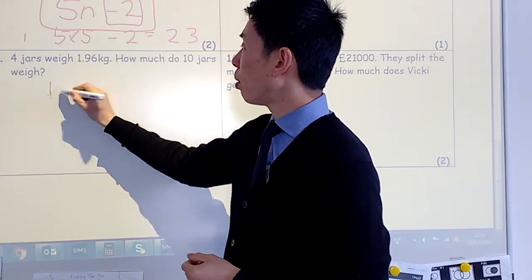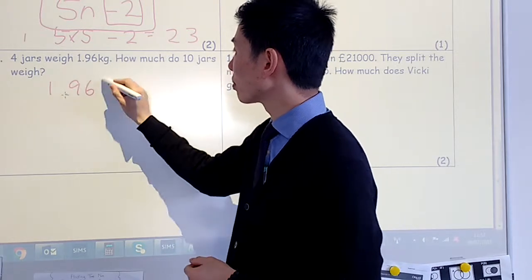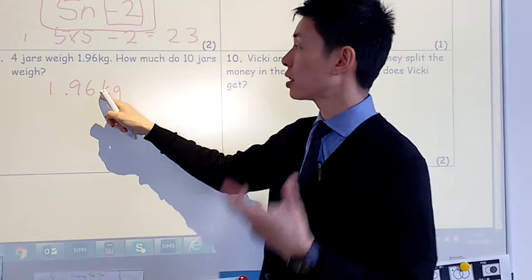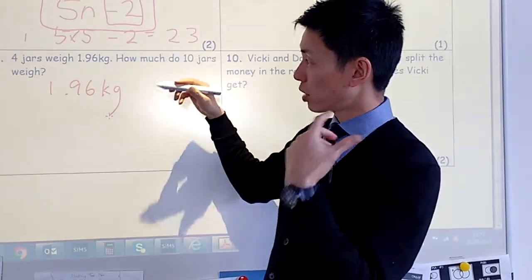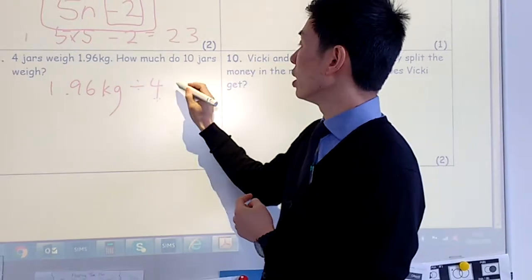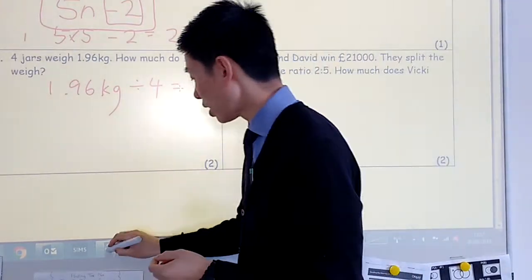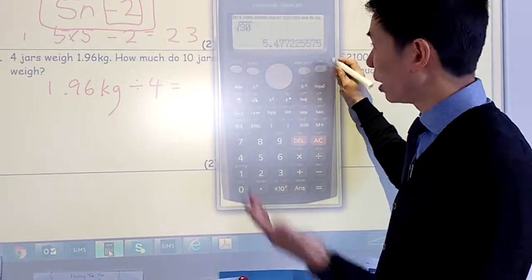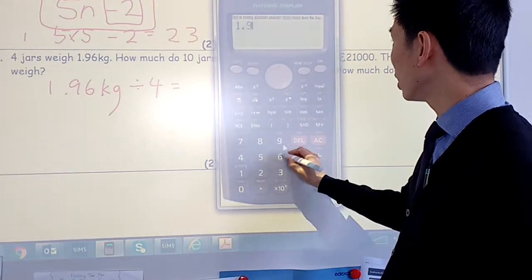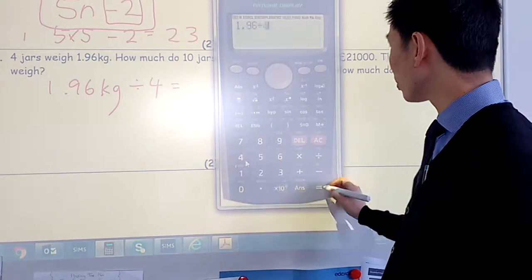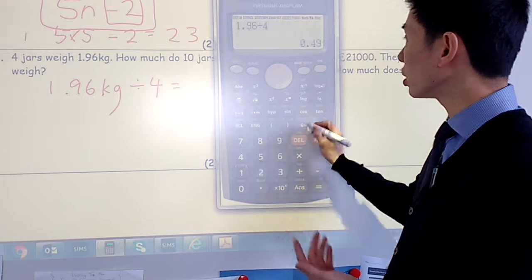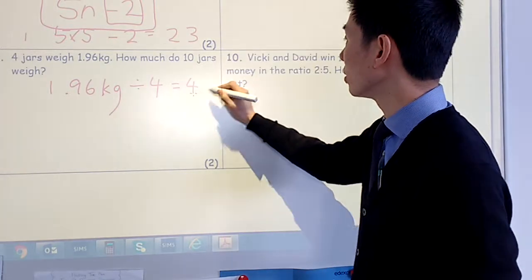So 1.96 kilograms, since it's 4 jars for 1.96 kilograms, so therefore for 1 jar is to share between 4 jars. And if you put that in the calculator, some of you might be able to do that in your head. So 1.96 divided by 4, and that's going to be 0.49. So this is 49p.